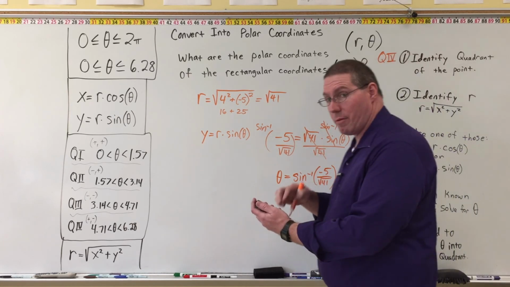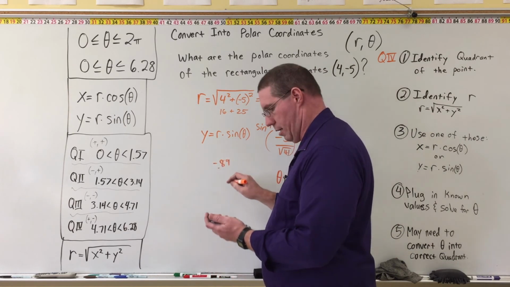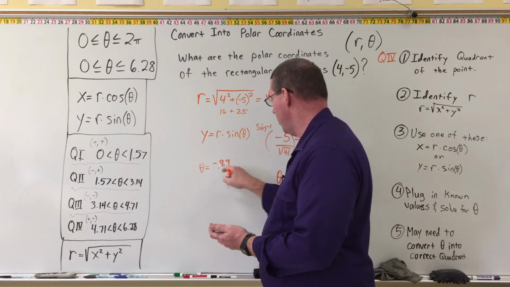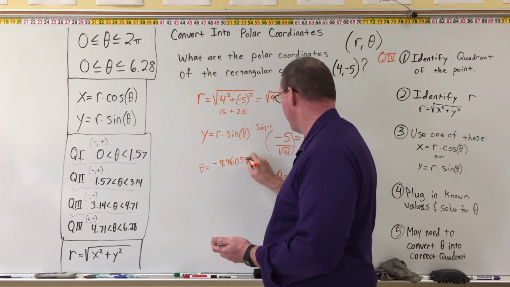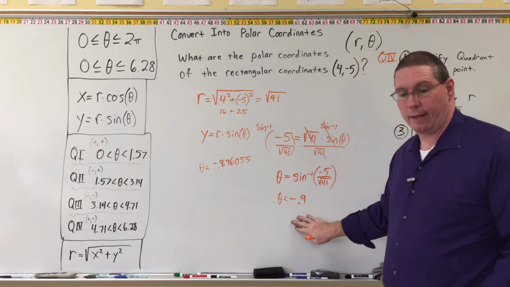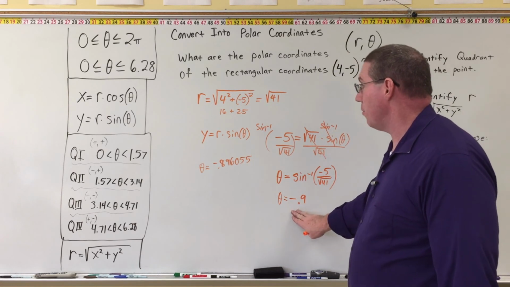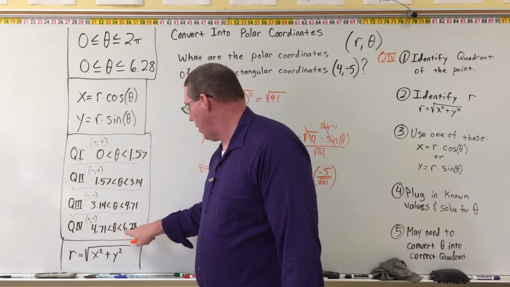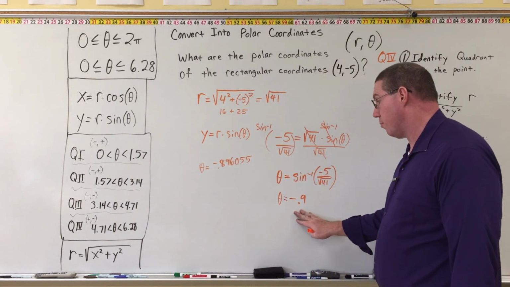Technically, what I'm seeing in my calculator is actually negative 0.89. Theta is equal to negative 0.896055. Okay? I'm writing that out because I know that I'm going to add 2 pi to this. So I don't even have to change this. All of my theta angles have to run between 0 and 2 pi. And this one is negative, so it's not between 0 and 2 pi.